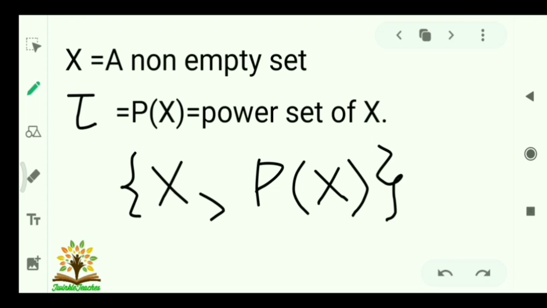It contains the pair X and power set of X, where X is a non-empty set and P(X) is the power set of X, that is, a set which contains all subsets of X. This is known as discrete topology. Let's see if tau verifies all three properties of topology or not.